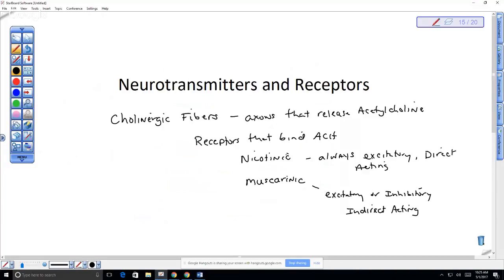Remember that the difference between direct and indirect has to do with whether or not there's a secondary messenger involved. This receptor directly binds acetylcholine. This would be, for example, in the synapse with the skeletal muscle. The receptors on your skeletal muscle cells are called nicotinic. They bind acetylcholine, and they are direct acting, and that means that it's fast.